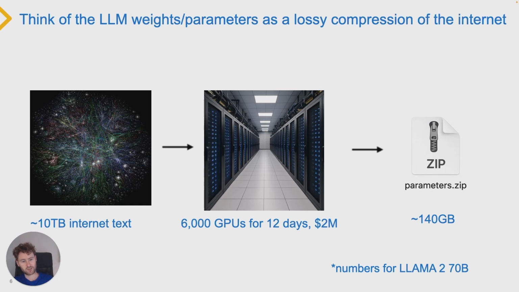In this case, for Llama 2, it's approximately 100 times smaller. The training process forces the LLM to understand a lot about the underlying meaning contained in that original text, everything from grammar and language through to conceptual meanings and understanding between different phrases and different concepts.